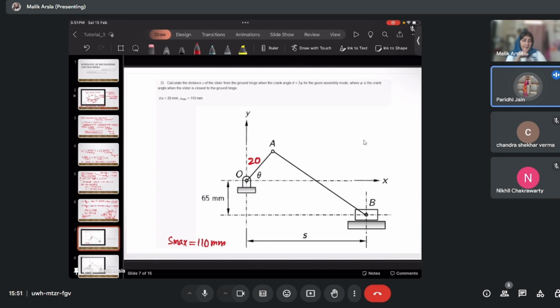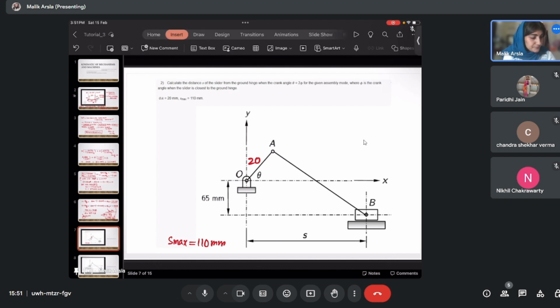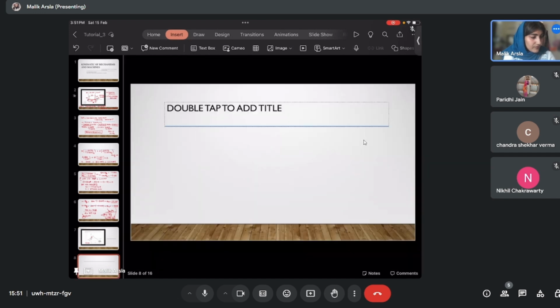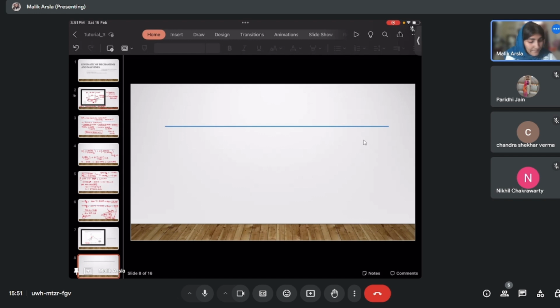They're asking the distance of S when the crank angle is at this 2 theta, sorry, 2 phi angle. Okay, let me break this down for you.